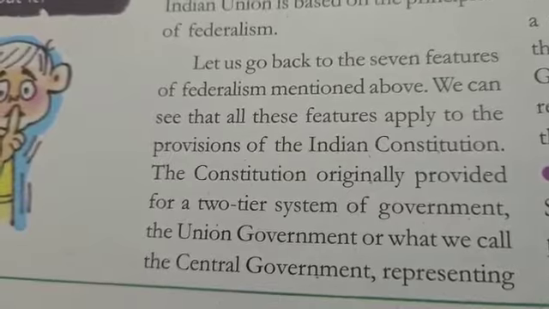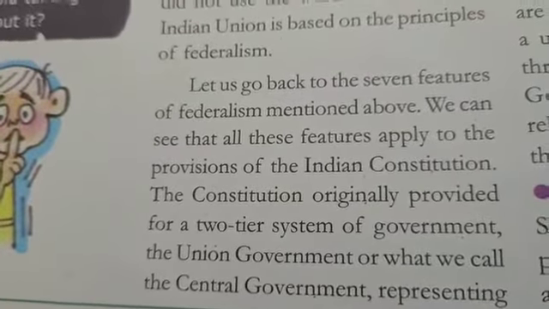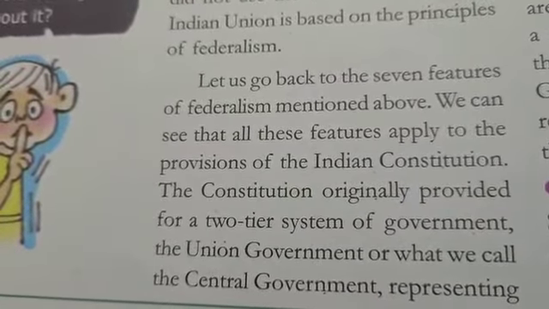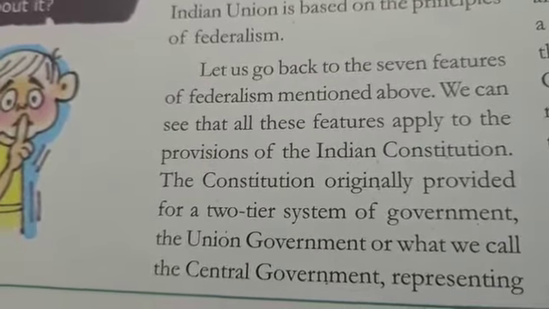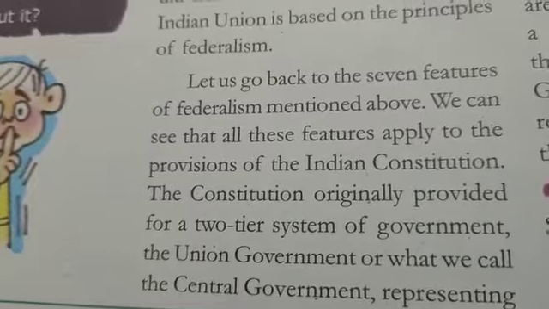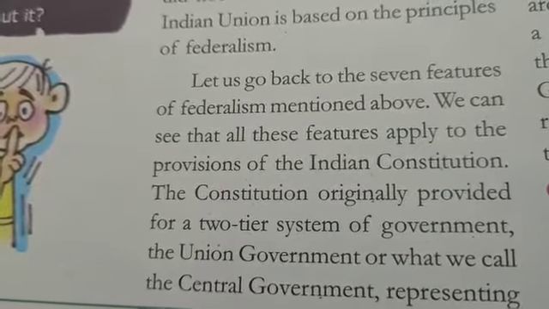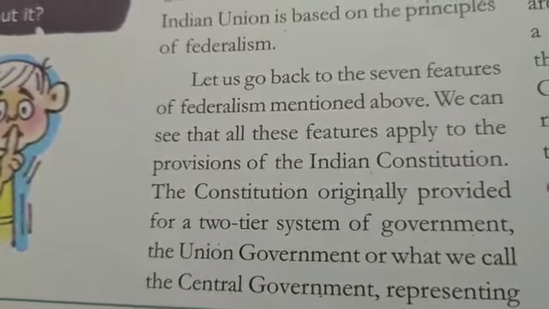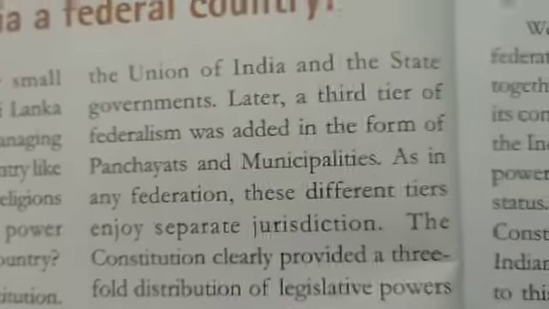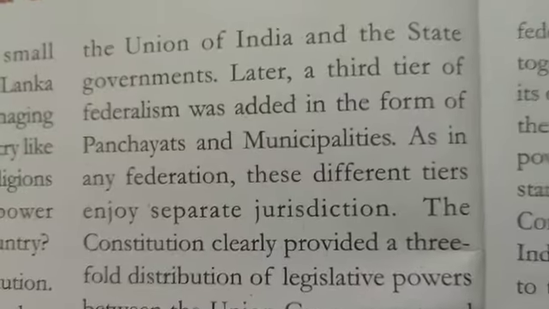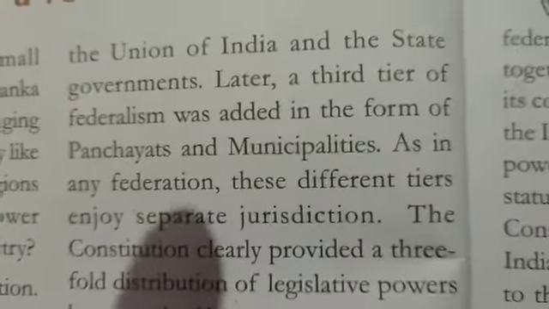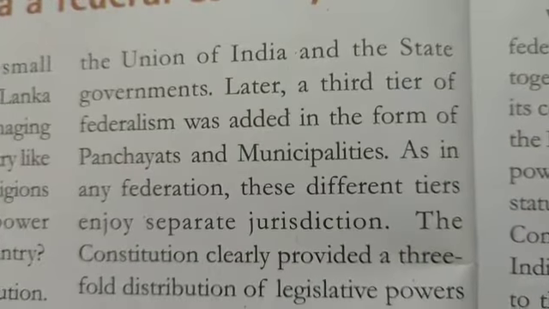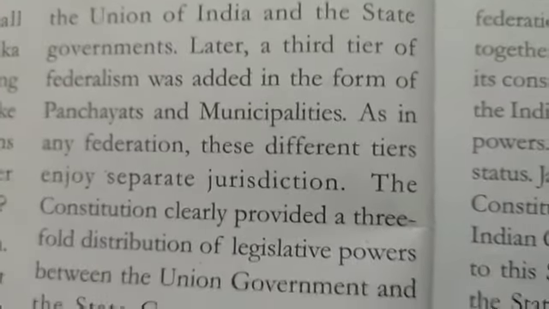The constitution originally provided a two-tier system of government: the union government, or what we can call the central government, and the state government. Later, the third tier of federalism was added, that is panchayati raj, or the panchayats and the municipalities.